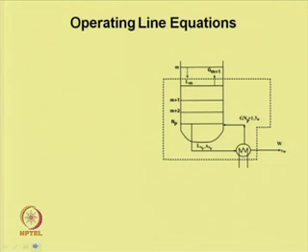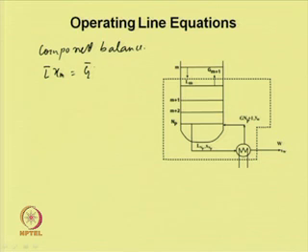Similarly, if we do the balance over the stripping section, we can write the component balance: L bar x m is equal to G bar y m plus 1 plus W x w.